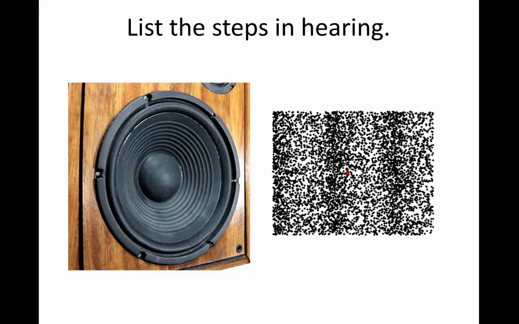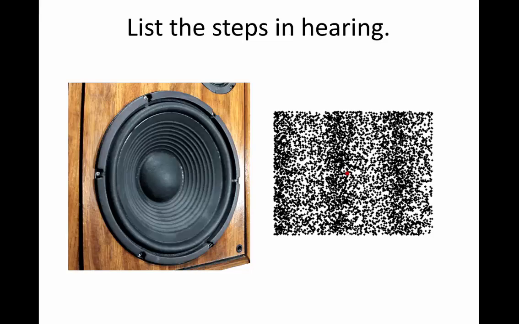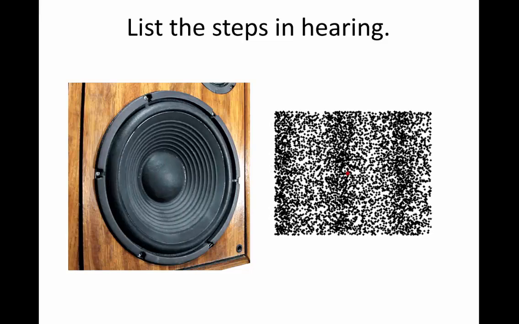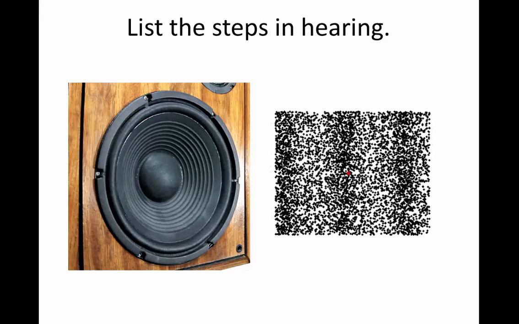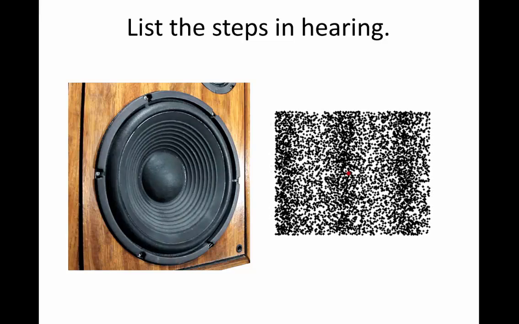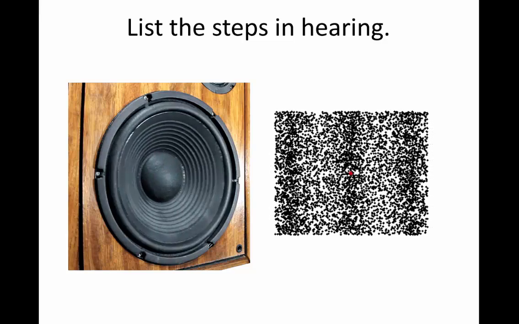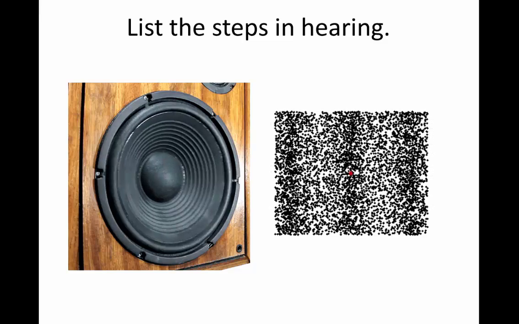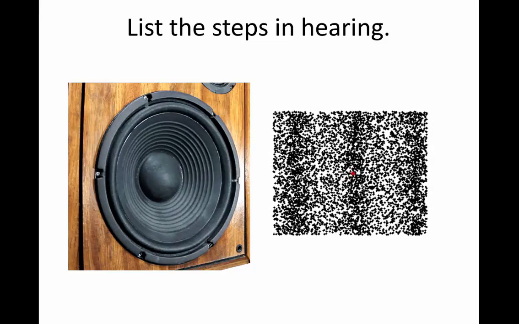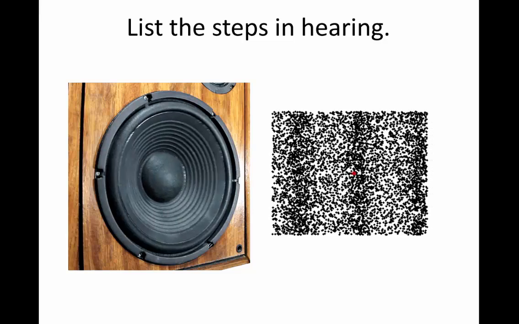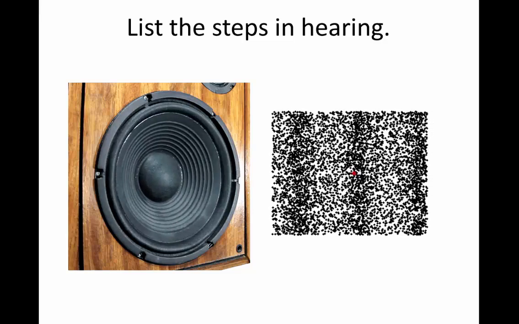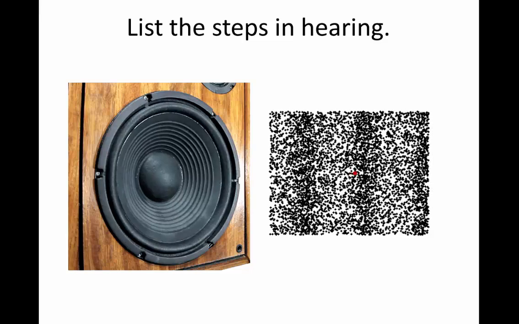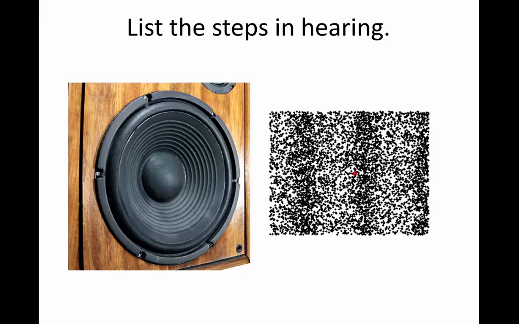That sends the air particles moving forward, bumping into the next particles over, which then bump into the next particles over, and so on. But what you can see here on the right side is that we actually then have waves of sound, waves of particles bumping into each other that then transmit or move through the room. Any sound ultimately that you hear is the movement of air particles.